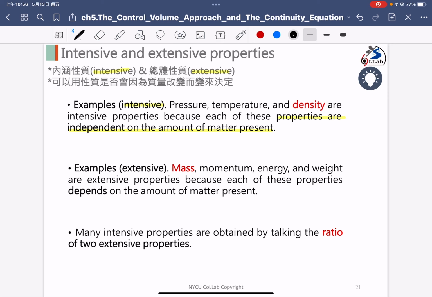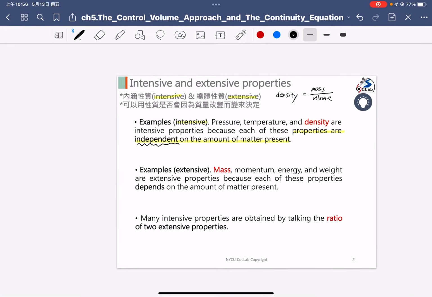We can go back and see what the intensive properties are, such as pressure, temperature, and density. If you go back to see what density is, it is the mass divided by the volume, right? And we say that is independent. What does that mean?